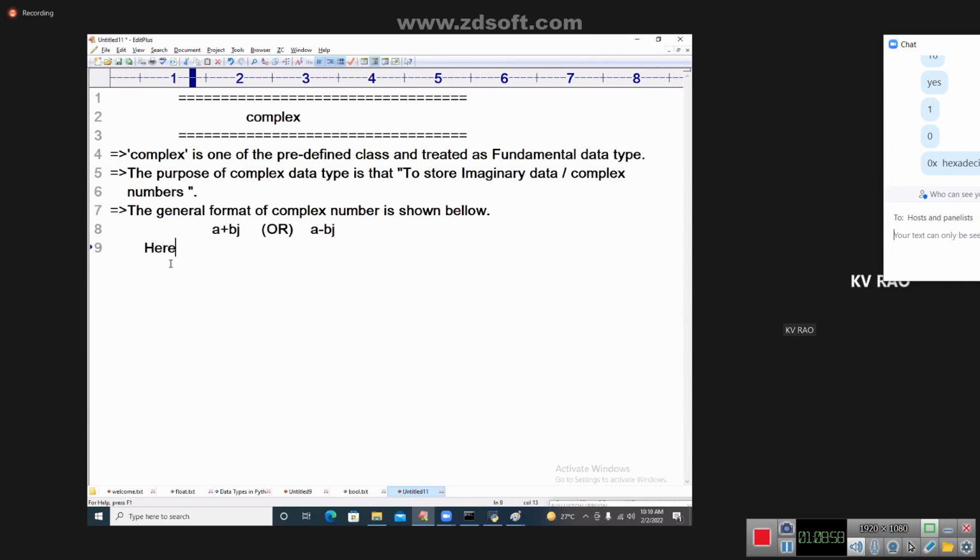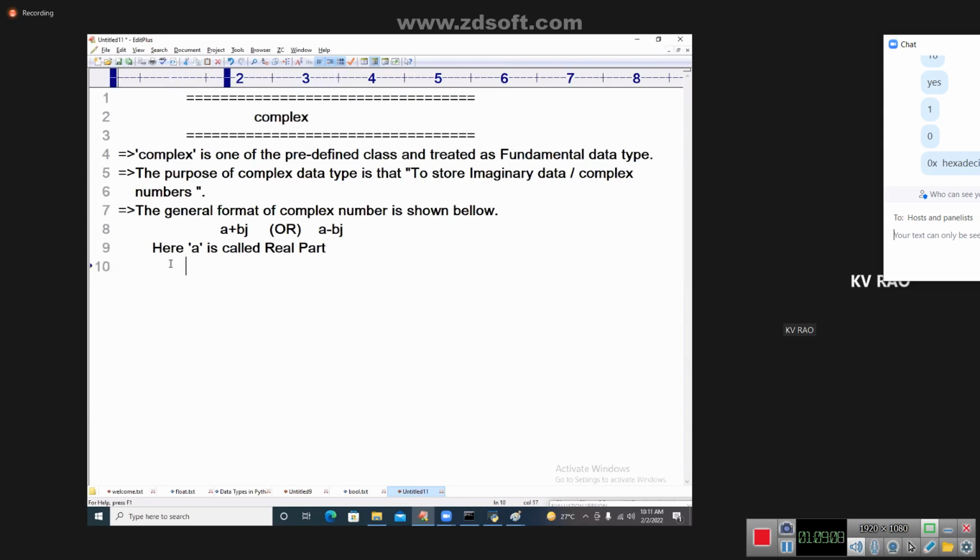What is it here? A is called which part? Real part. A is called real part, and B is called imaginary part.